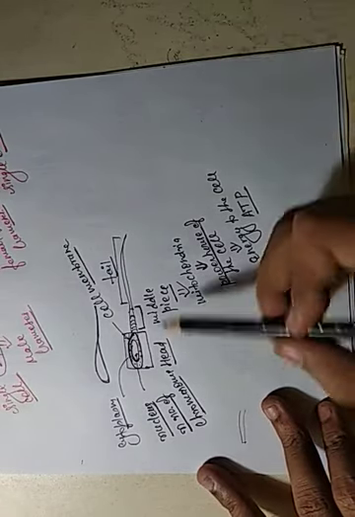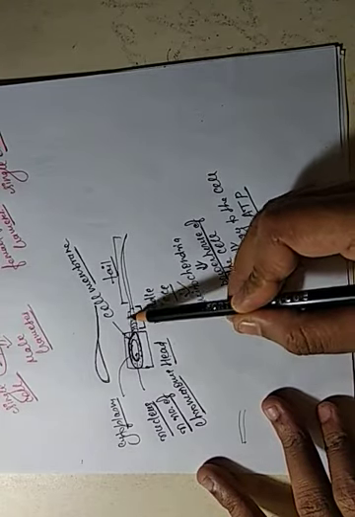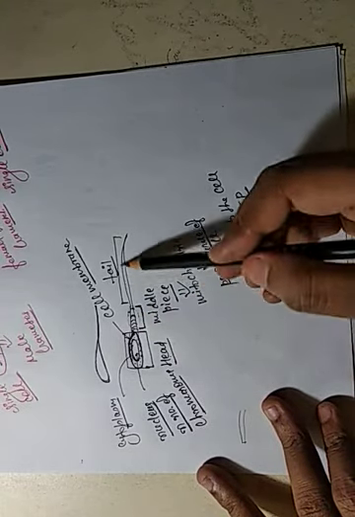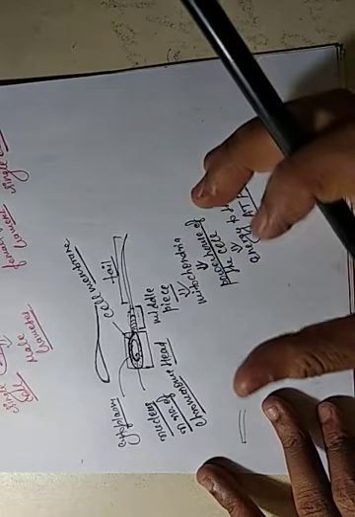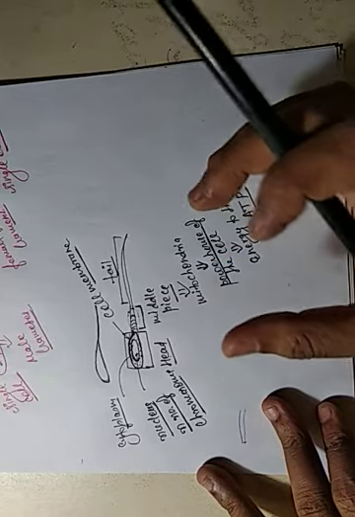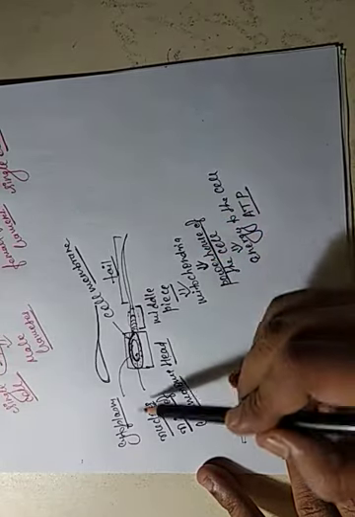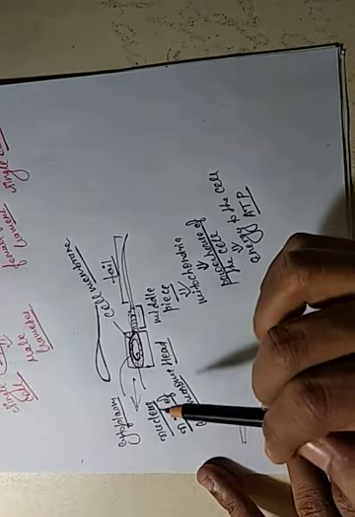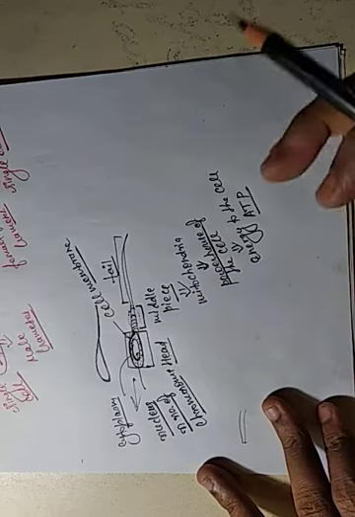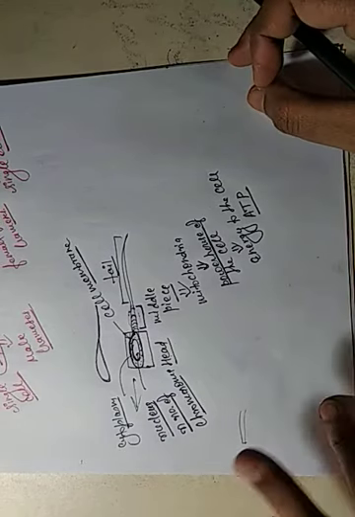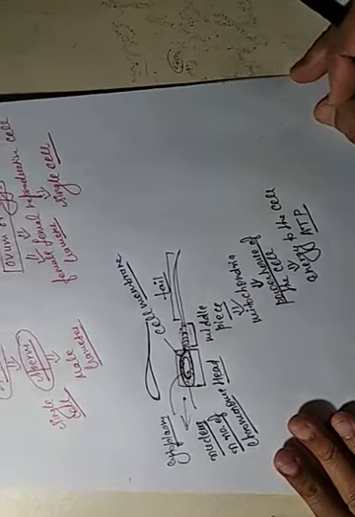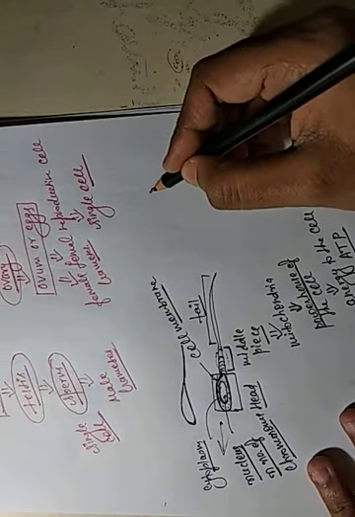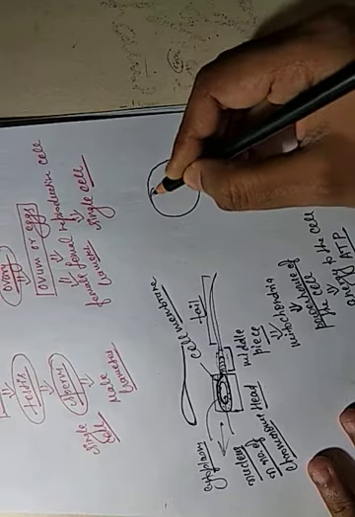So this part contains mitochondria, which provide energy to the whole sperm cell, or male gamete, for movement towards the ovum of the female body. So this is the male gamete, and this is the female gamete.